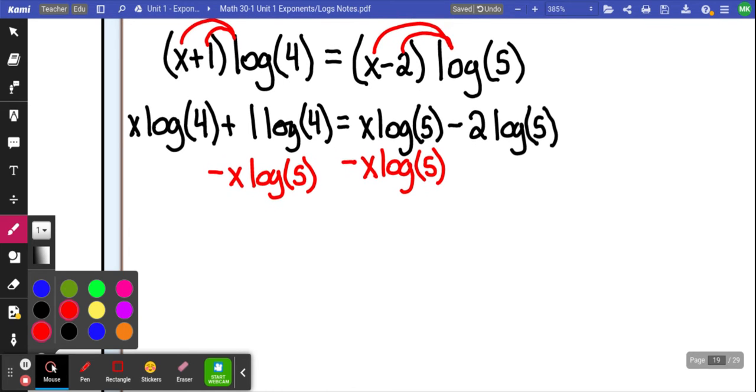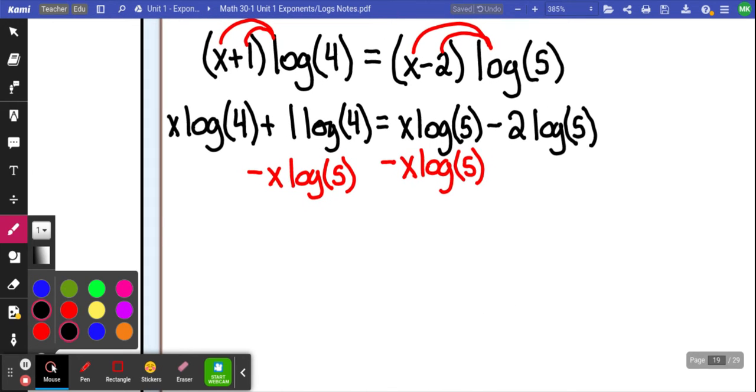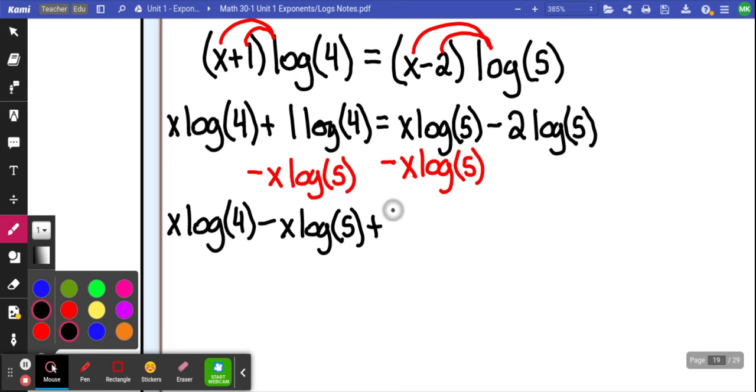So I would have to write it like this. X log 4 minus x log 5 plus log 4. I'm not putting the 1 anymore. You don't need to put 1 times something, right? Just log 4 is fine. Equals negative 2 log 5.